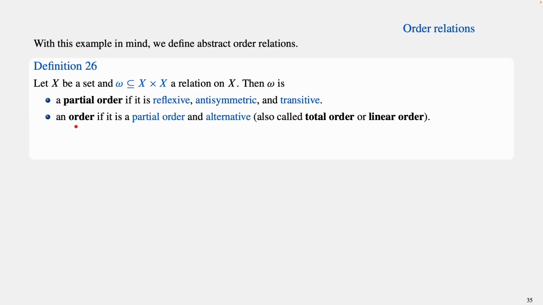But here I will simply speak of an order if it's a partial order and alternative. And the strict order, or also strict partial order, so the distinction is not that relevant here, is omega if it is irreflexive and transitive.